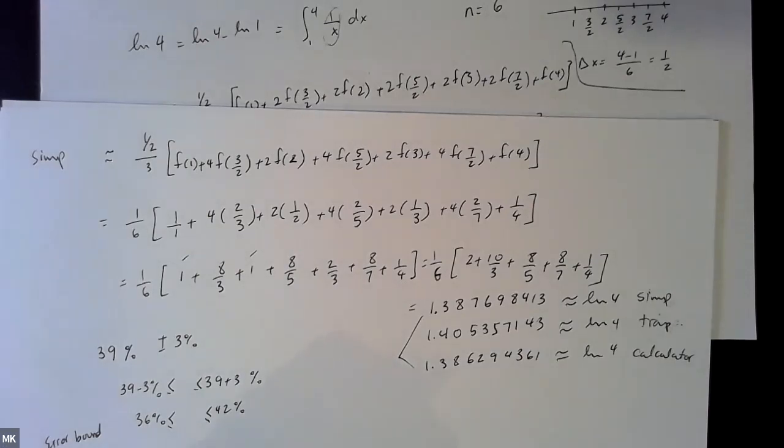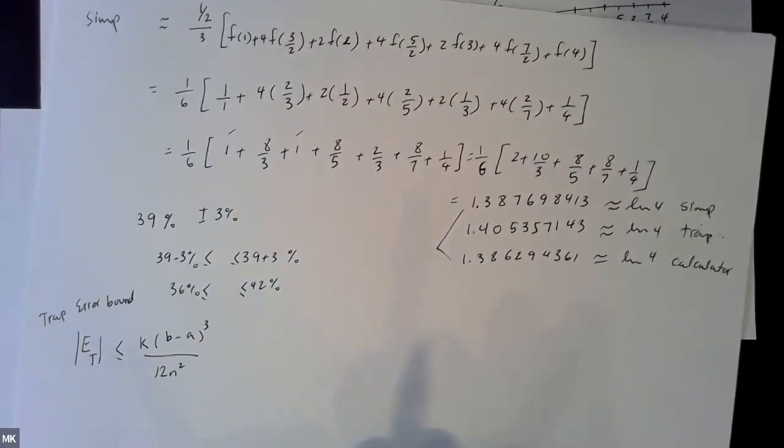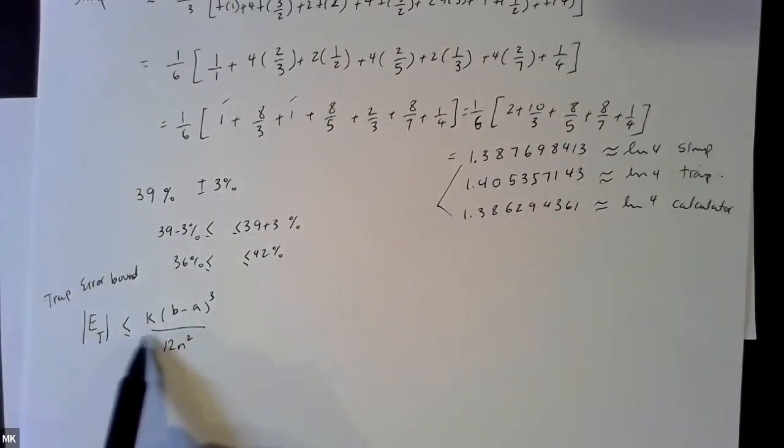So you see, the bigger the n, the smaller the error bound will be, because the denominator gets bigger, the fraction gets smaller. Also, the bigger the difference between B and A, the bigger the error. Sorry, you couldn't see this. My apologies. So that's the error bound for the trapezoidal rule.